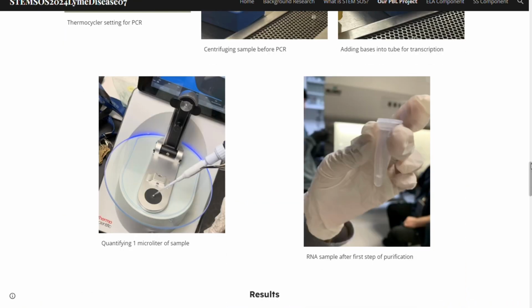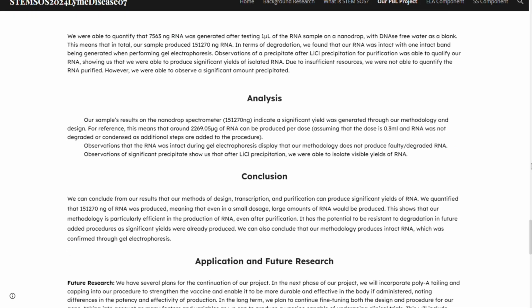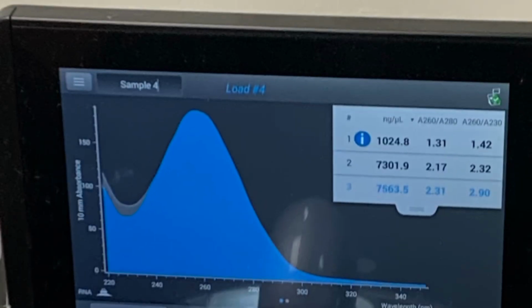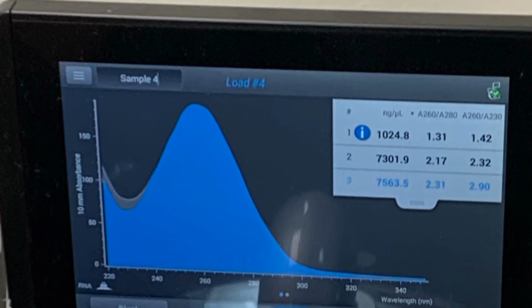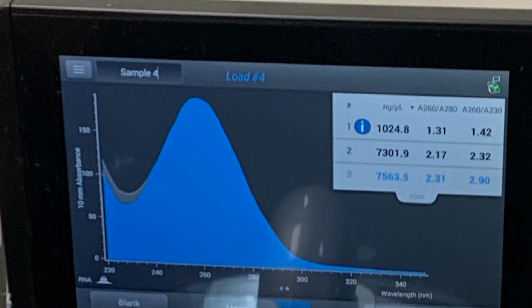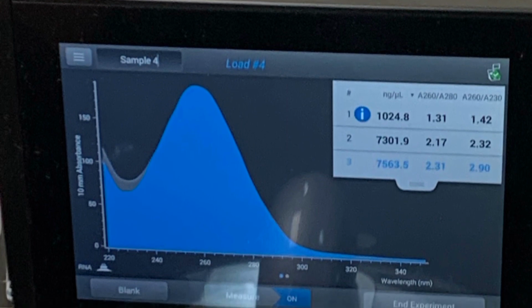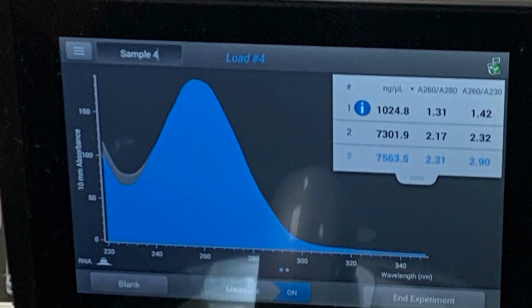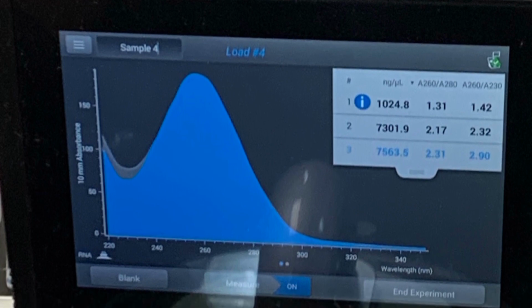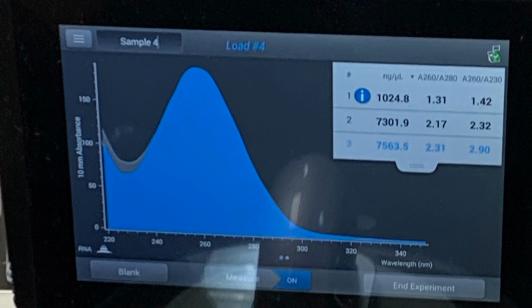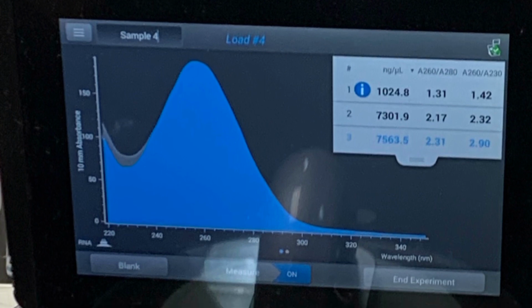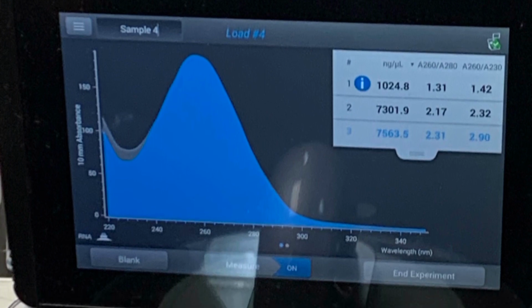After going through our whole procedure, we were able to quantify that we had 7,563 nanograms of RNA generated after testing 1 microliter of solution on the nanodrop. Since we had 20 microliters of solution, we were able to calculate that we had 151,270 nanograms of RNA.